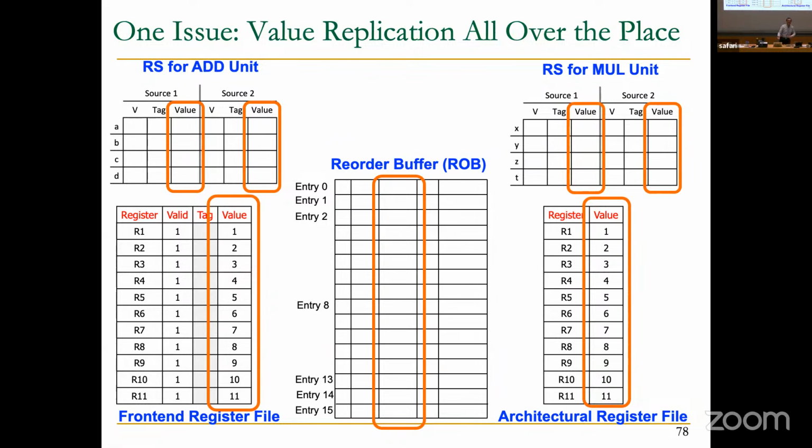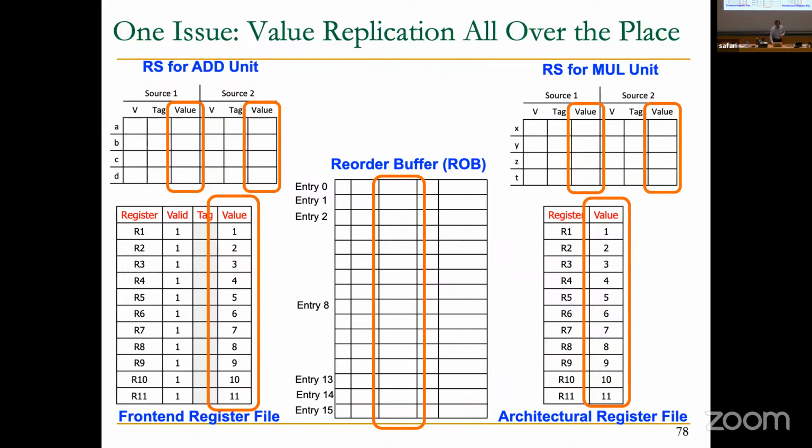And imagine a worst case where every instruction is sourcing register 3. That's the same register 3 replicated all over the place, right? If no one's writing to register 3, but everybody's sourcing register 3, they're all replicated over here. So basically, you're kind of wasting the values.